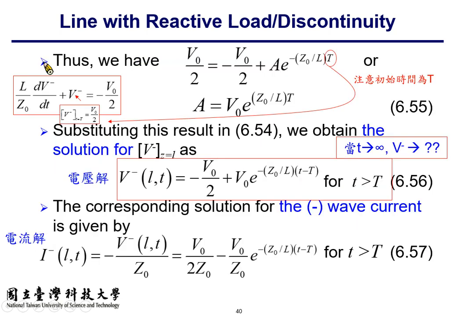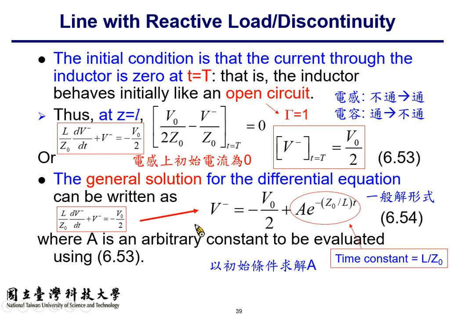So let's move on to the next page. Okay, and we know that at t equal to capital T, this V minus should be just V sub 0 over 2. Okay, so we evaluate the general solution by substituting the initial condition. That is, t equals capital T, and V minus equals V sub 0 over 2.